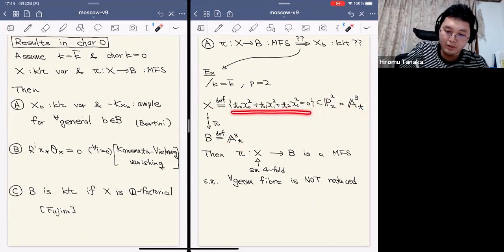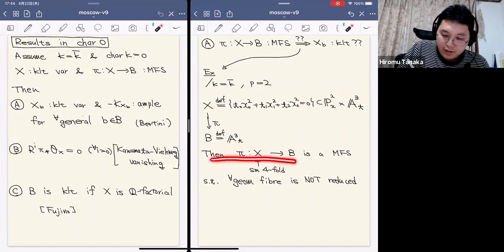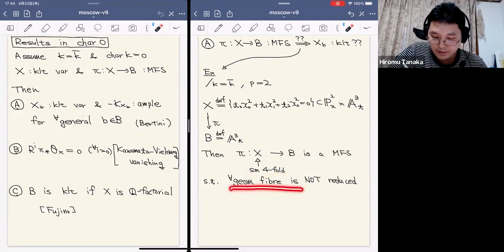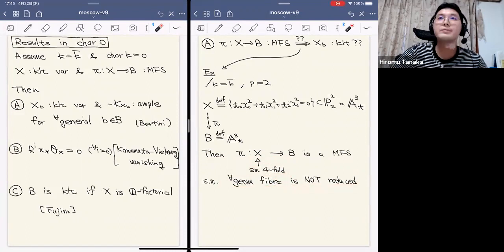Then we take this equation. Then we can check that this is a Mori fiber space. For example, this is actually smooth by the Jacobian criterion. But any fiber, more precisely any geometric fiber, is not reduced.